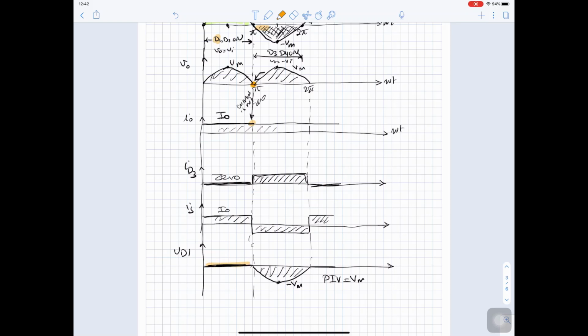When diode 1 is off, its voltage is negative. And we never saw a positive voltage for a diode, because this is forbidden. If the diode has a positive voltage, it will turn on, and it will be a short circuit.